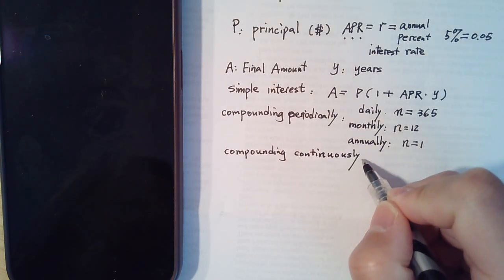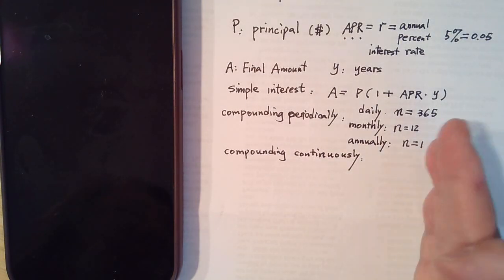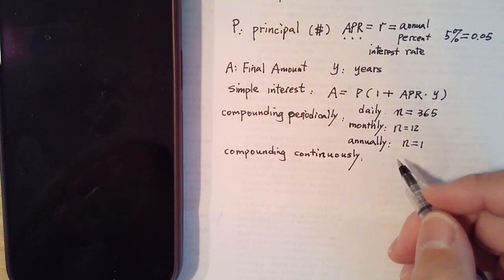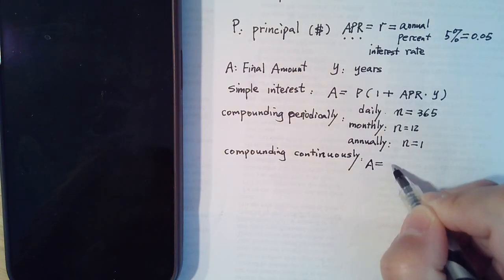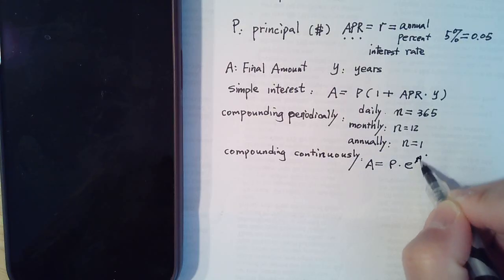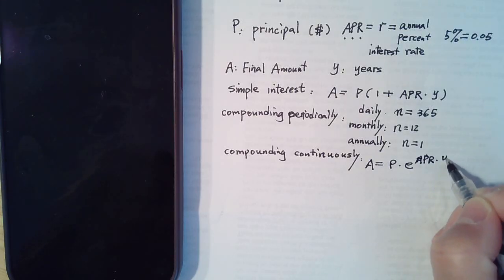So there's no certain time point that they stop and calculate the interest. They just keep growing, okay? Keep going. So the formula is this: A equals P times e to the APR times Y.